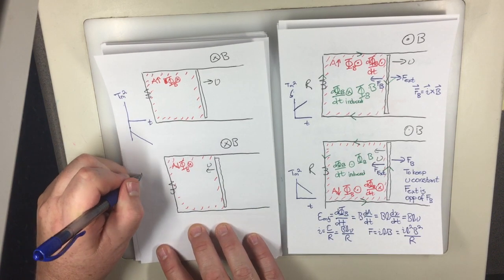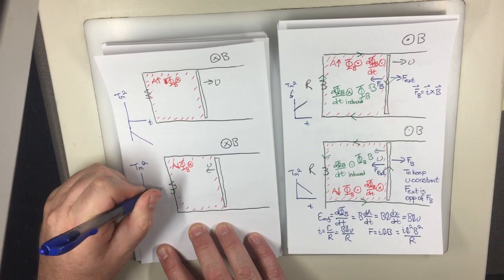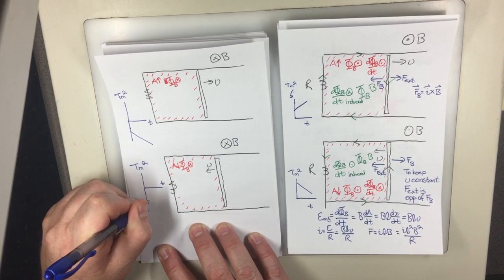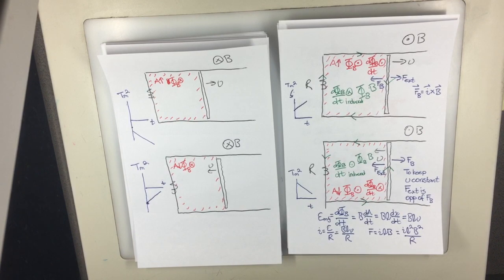For this situation, it starts negative but slowly creeps up to 0 because the area is getting smaller. There's less magnetic flux going through the window, so effectively you're ending up with a positive slope.